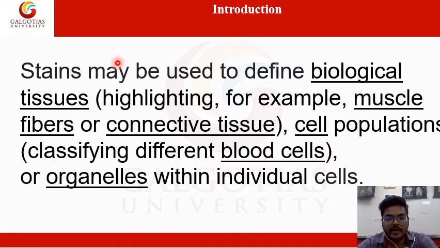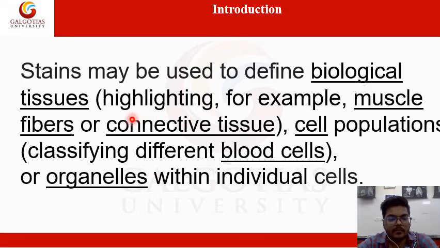For every organism there is tissue. What are tissues? Tissues are groups of cells, and the cell is the unit of the organism. So basically we can stain muscle fiber, connective tissues, cell populations, classify different blood cells or organelles within an individual cell.